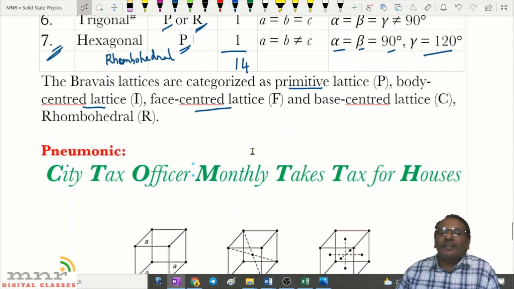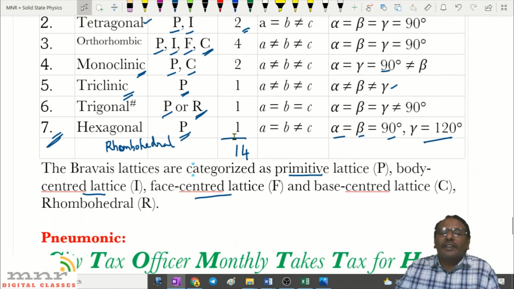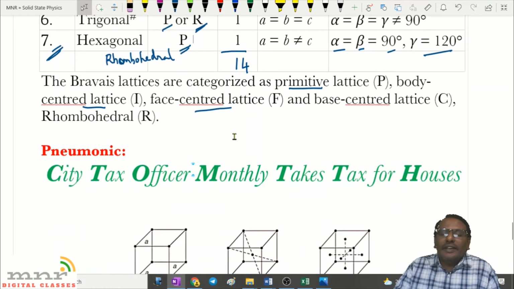Now let us understand the mnemonic to remember the sequence of these 7 crystal systems. City tax officer monthly takes tax for houses.